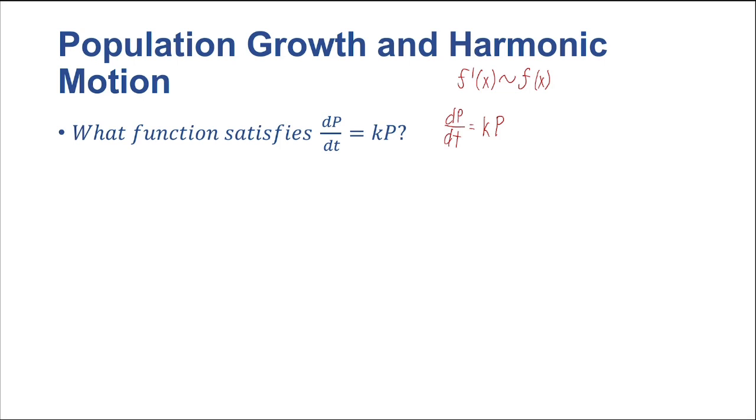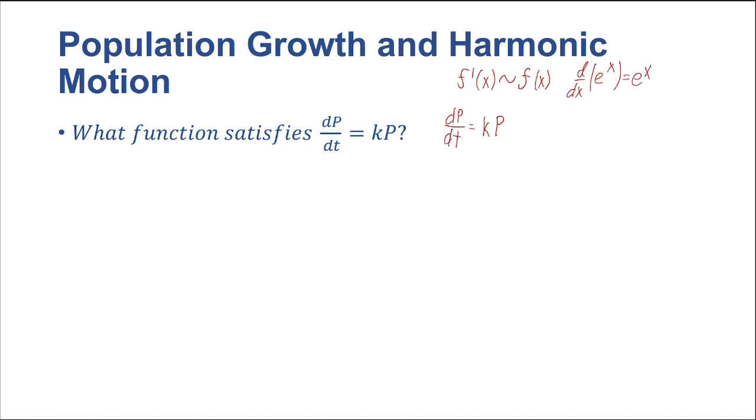What function is there that when we take its derivative, it's proportional to the original function? Well, we know that for the natural exponential e^x, if I differentiate e^x, I get e^x.